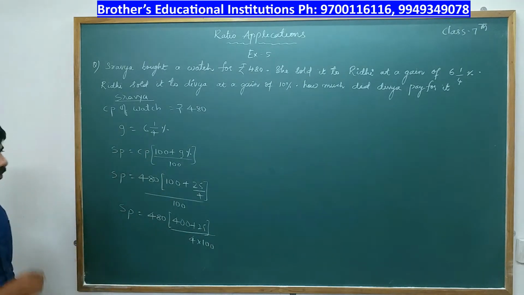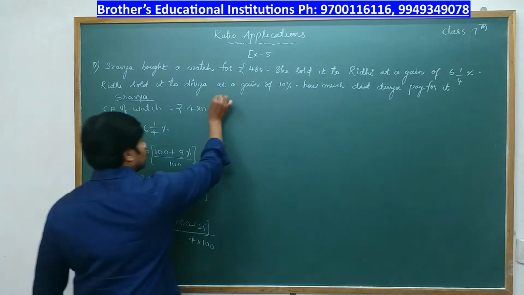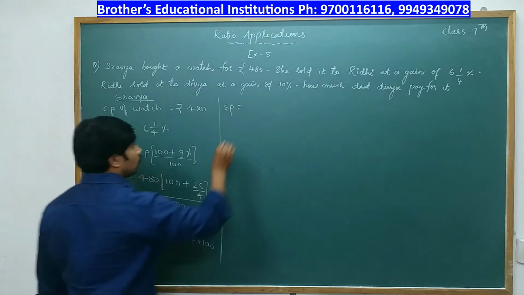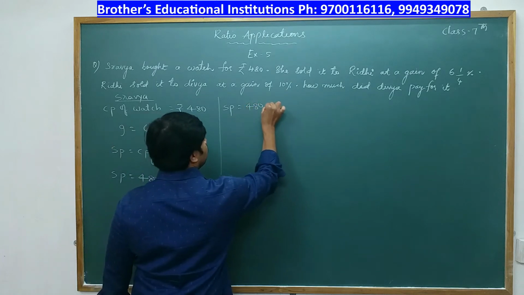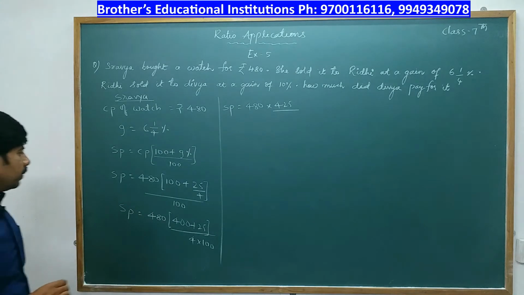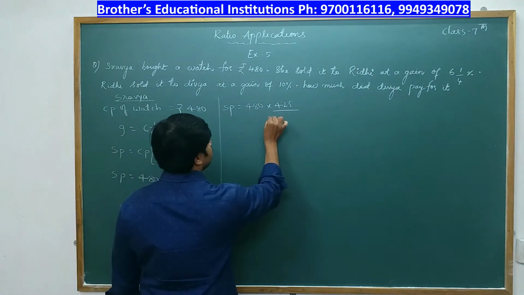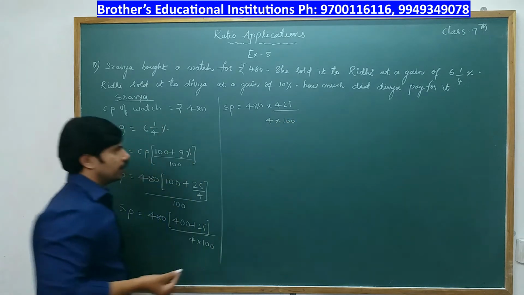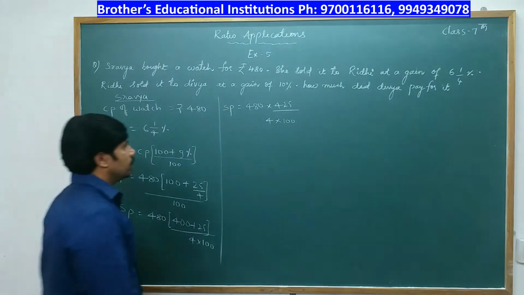So selling price is equal to 480 into 425 by 4 into 100, or you can write 400. Now we will calculate this one.